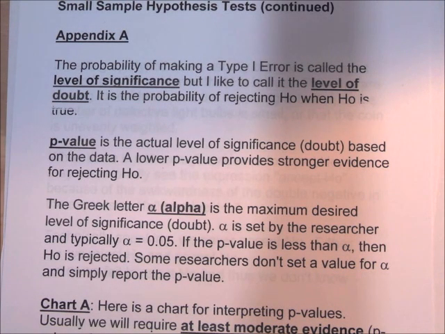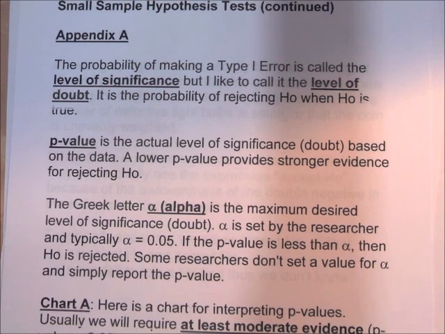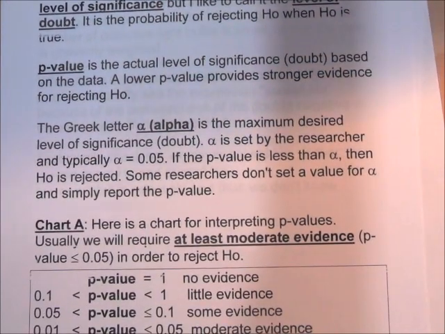They might give you a different value, but 0.05 is probably the most commonly used value. And if the p-value is less than alpha, then we reject H naught. Some researchers don't set a value for alpha. They simply report the p-value and leave it up to the reader to interpret the p-value.